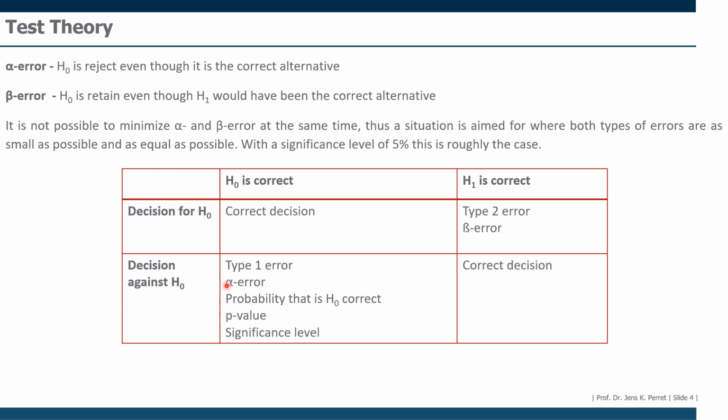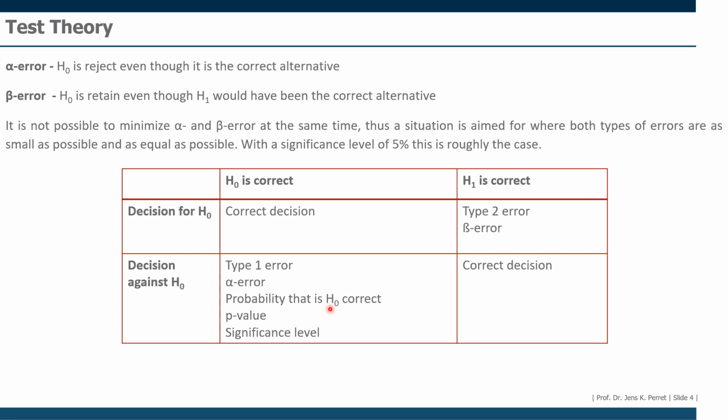That's why we call this alpha error or type 1 error. The other one, it's also not nice that we actually have an effect, but we just overlook the effect. It's not nice, but it's not as hurtful, possibly, as the other one. So that's the more critical one. And as I said, that's the probability that H0 is correct, or rather that's the error we make if we reject H0.